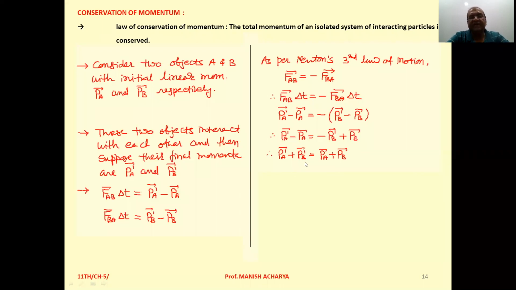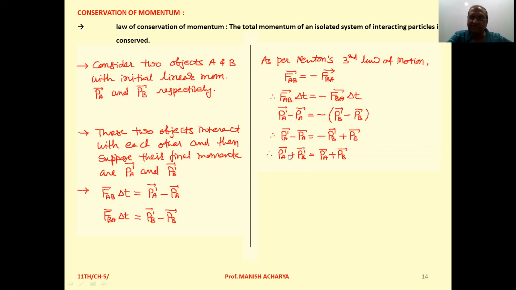Then on left hand side we get PA dash plus PB dash, that is the summation of the final linear momenta of A and B. So after interaction, this one, right? And see here, this summation is the total final linear momentum of the system.